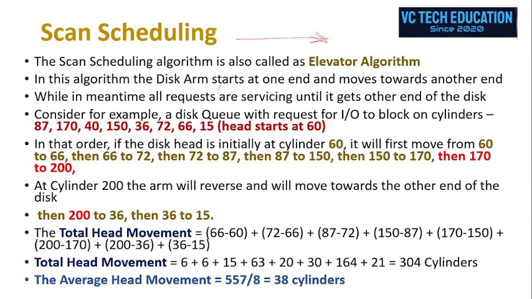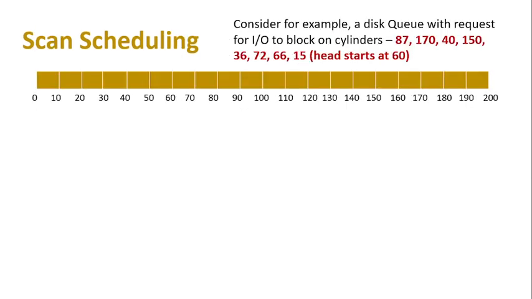Let us check the example. So as per the scan scheduling, we will start at 60 and we will go up to the end of the disk, that is up to 200. Let's start the journey. Here we are starting at 60 and we are moving towards 66. The first nearest value is 66.